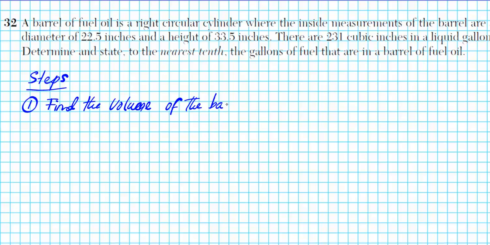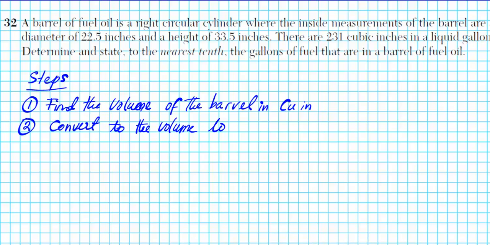Okay, so find the volume of the barrel in cubic inches, and then part 2, we're going to convert the volume to gallons. All right, so that's all we're doing.